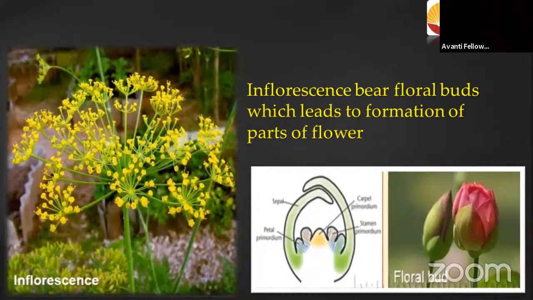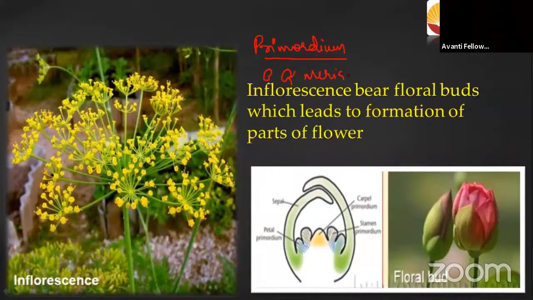Inflorescence bears floral buds, which lead to the formation of parts of the flower. Always remember there is a term called primordium. So what is primordium? See, there is a seed. You have soaked the seed in water for about 24 hours and it starts to germinate and gives rise to the radicle and plumule. After the radicle and plumule appear, there will be many meristematic cells.